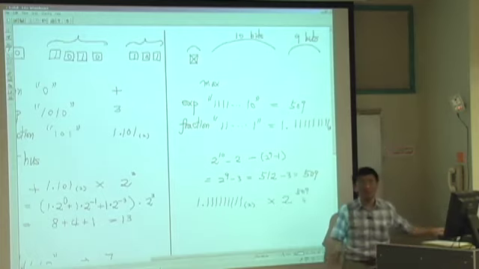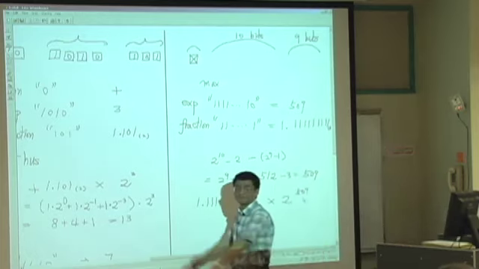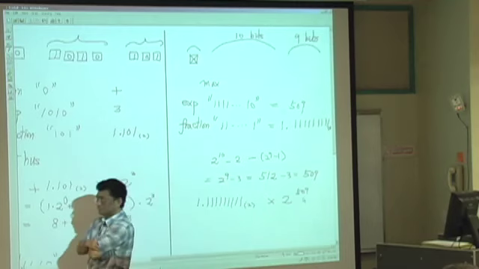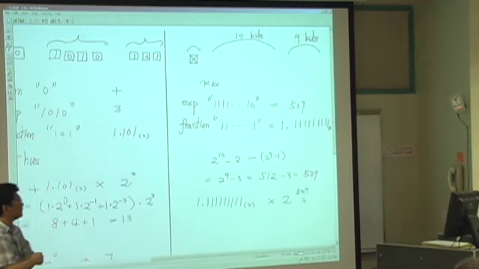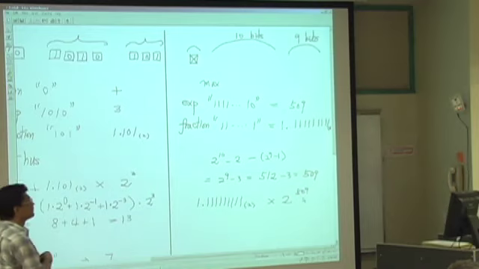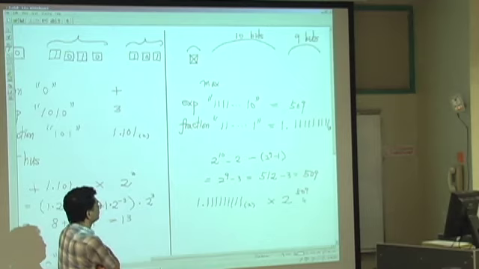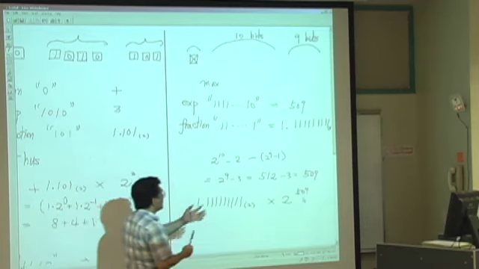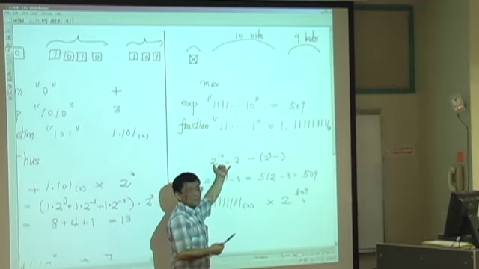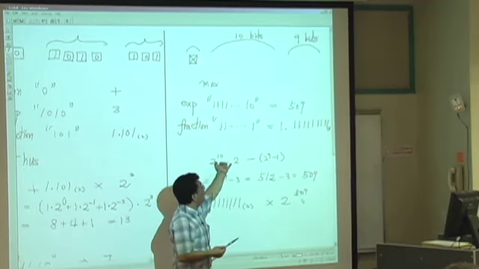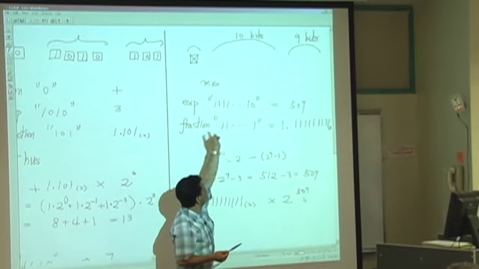So this is the maximum number that we can represent. So this number is the bitwise conversion of the bits there, right?